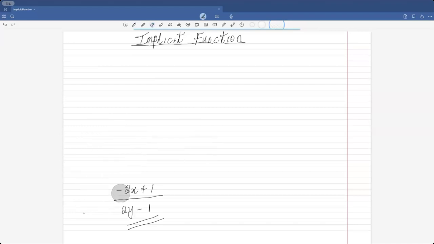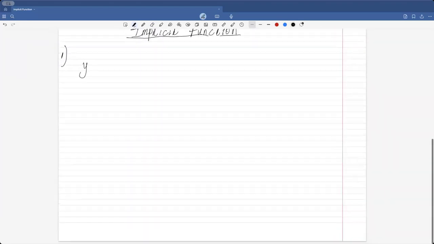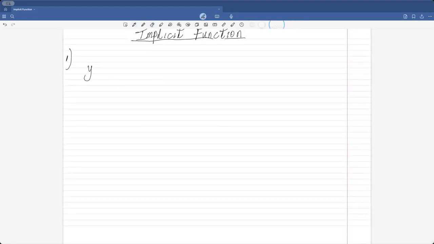So number one, we have y equals 6x plus 5.